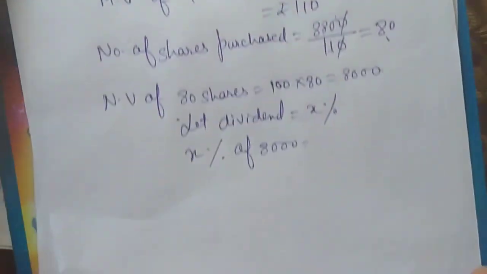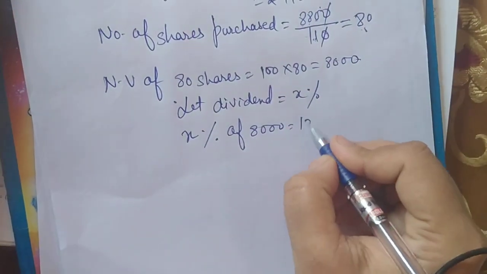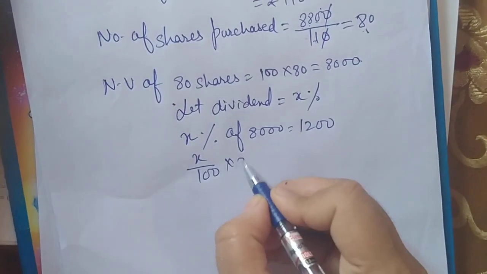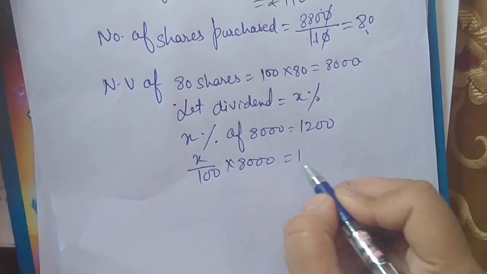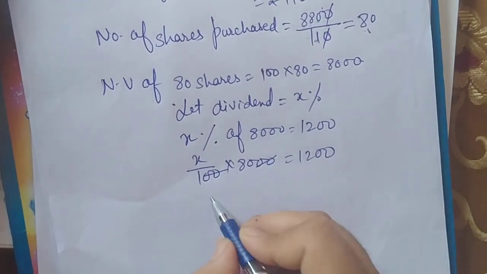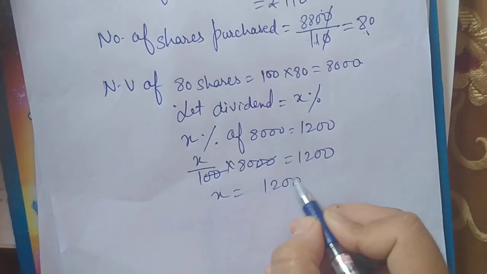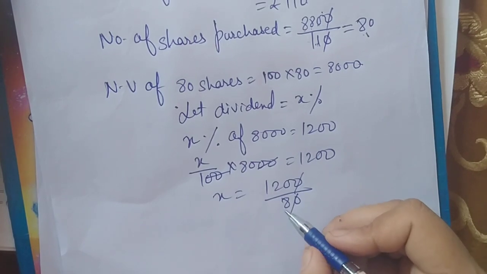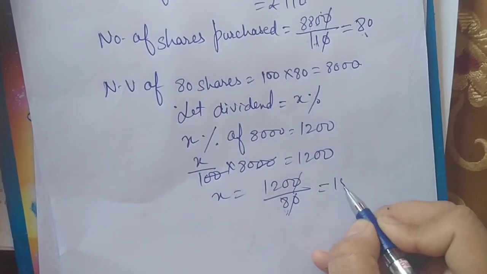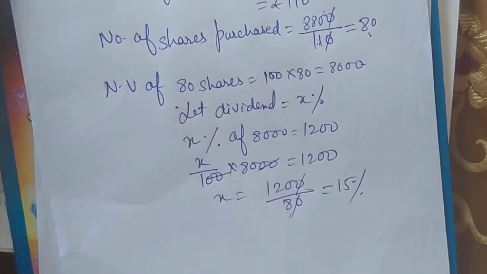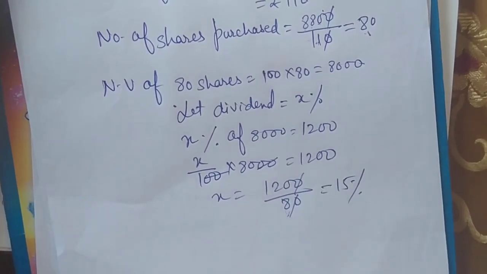So x upon 100 multiplied by 8000 is equal to 1200. These two zeros are cancelled. So x is equal to 1200 divided by 80. So 120 divided by 8 will give us 15%. So the profit that person got is 15%.